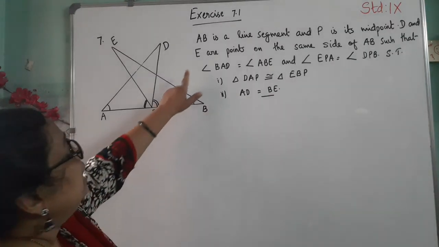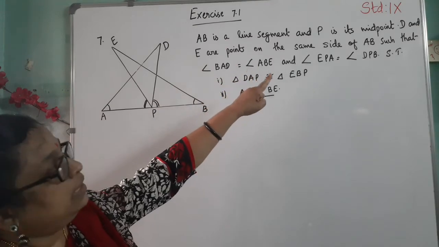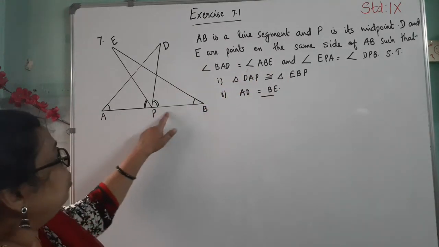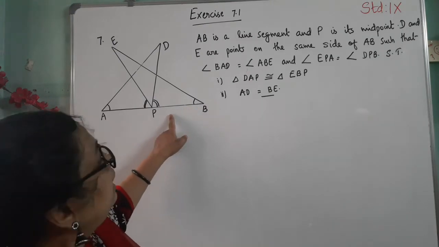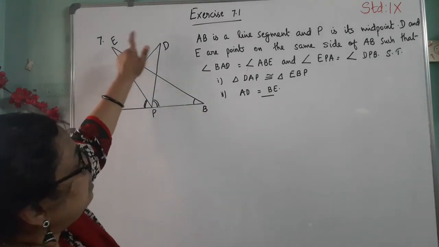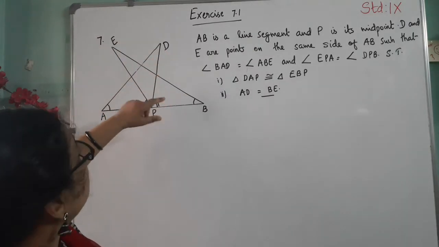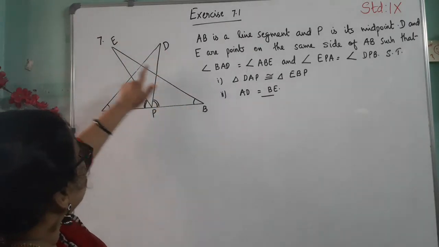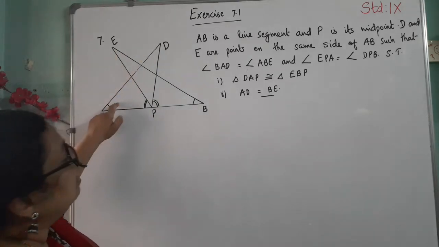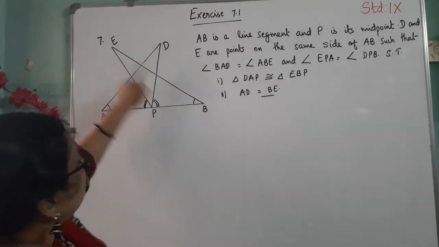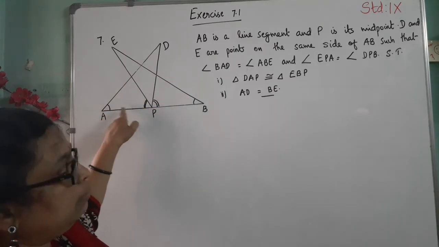Next question. AB is a line segment and P is its midpoint here. So AP equal to BP. D and E are points on the same side of AB such that angle BAD and angle ABE, these two angles are equal, here marked.